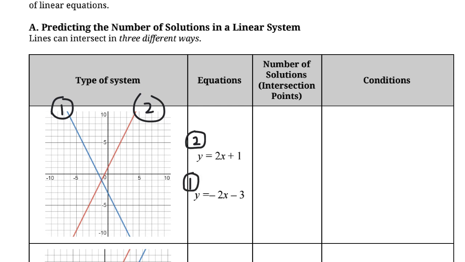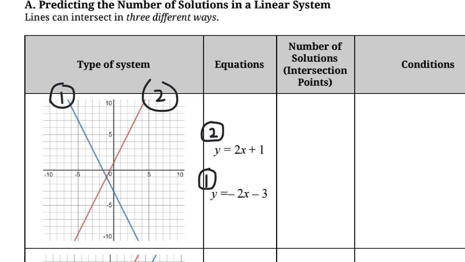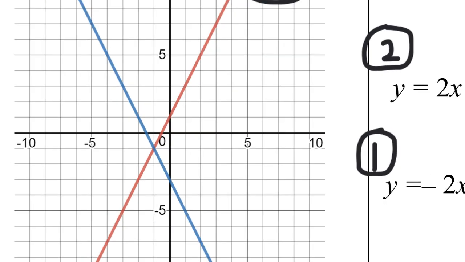If we look at the graph, we can very clearly see that these two lines intersect at this point right over here. And because we have a graph that's labeled with a scale, we know that the point of intersection happens to be at (-1, -1).